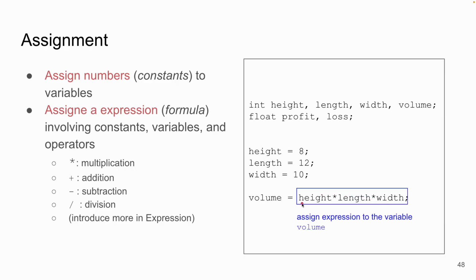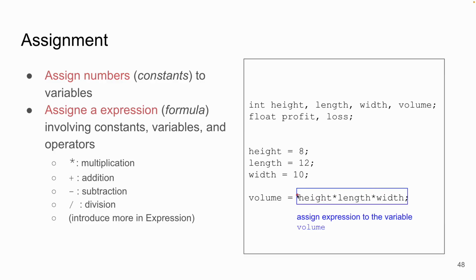In the last line here, we have the variable called volume, and we want to assign the result of this calculation to the volume variable. Inside this expression, we have 3 variables, and we use the multiplication operator to multiply height by length and by width.